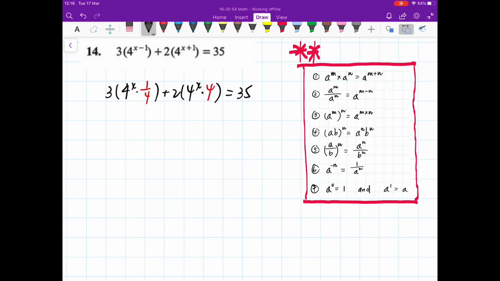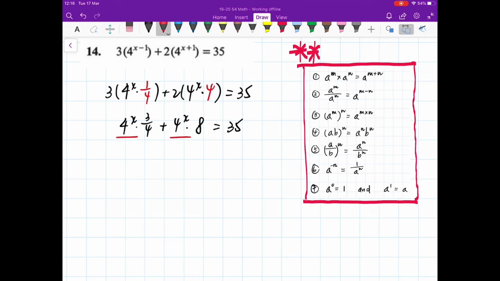Then we will do the simplification on the left hand side, so that it will become 4 to the power x times 3 over 4 plus 4 to the power x times 8 equals to 35.